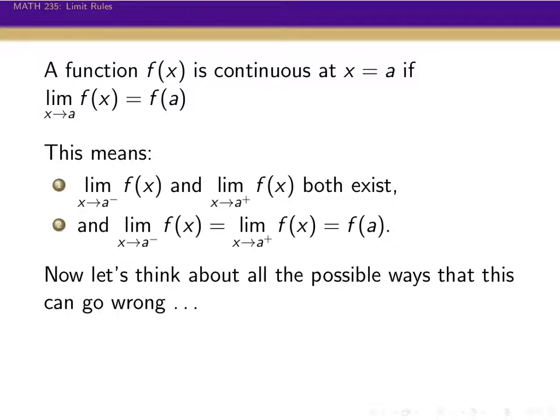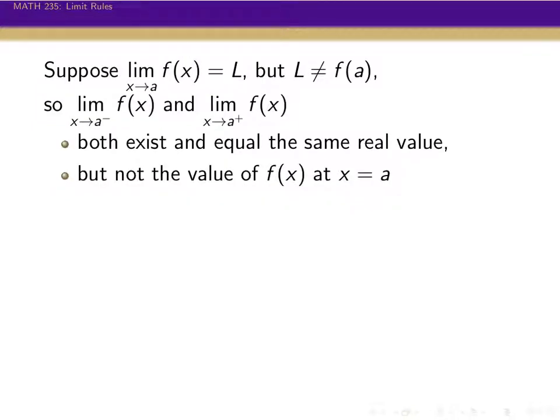So now let's think about all the ways that this can go wrong. What possible ways can this not happen? We're going to focus on starting with this last connection and work backwards from there. Let's suppose that the limit of the function exists as we go to a, but the limit does not equal the actual function value at a.